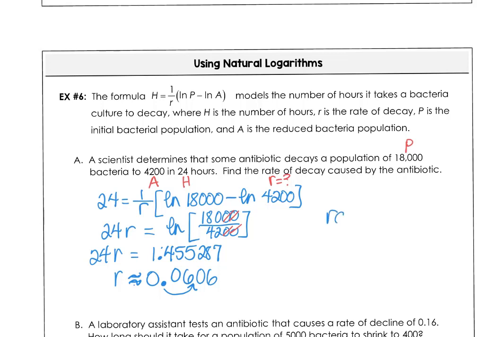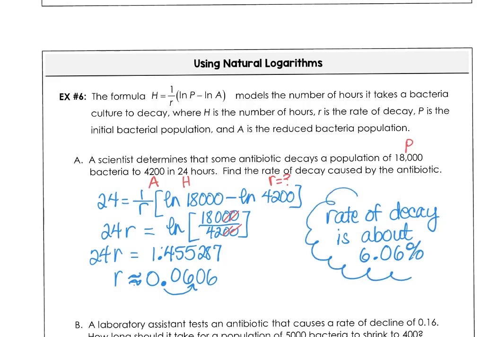And then we know that the rate of decay caused by that antibiotic is about 6.06%. So we've calculated that rate of decay that the antibiotic caused.